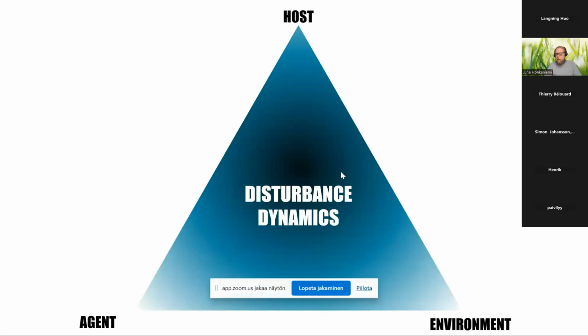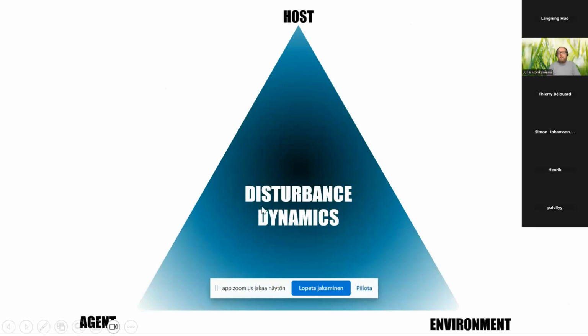My background is in forest pathology. So from my studies, the disease triangle is something I learned early on. And I've tried to understand the whole concept of disturbance dynamics with that disease triangle.